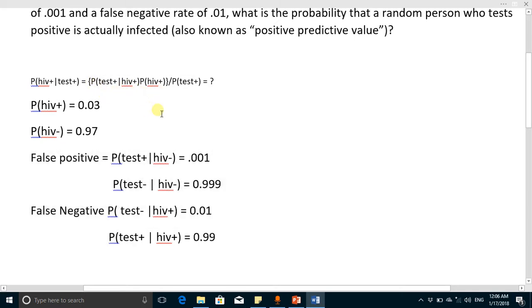In the next step, this value has been computed here and this value has been computed here. Next we have to compute the probability of test positive.